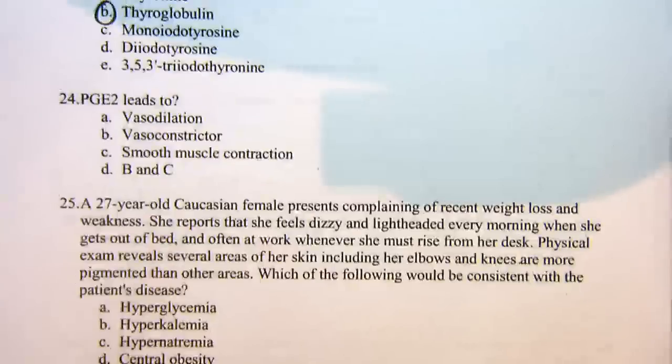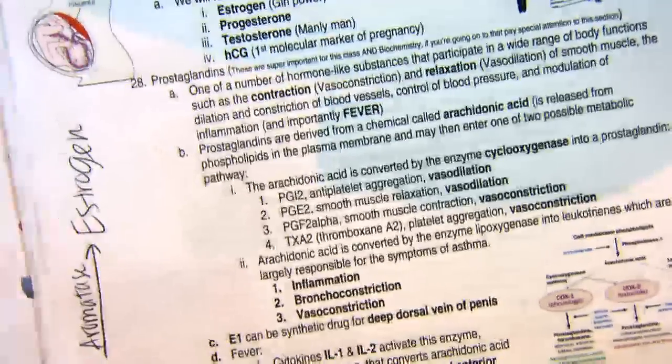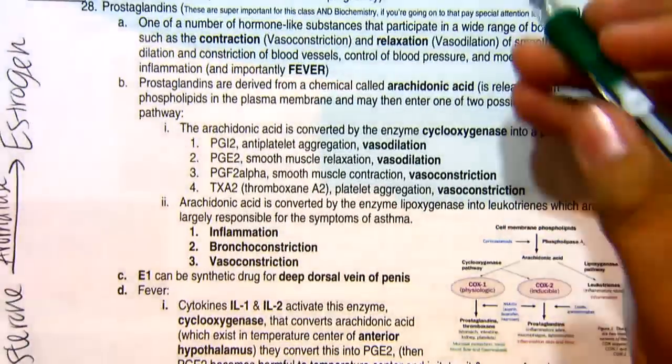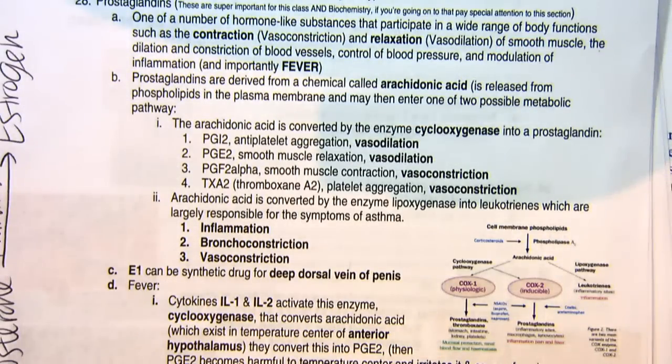So 24, PGE2 leads to vasodilation. Remember with prostaglandins, we have different types that we can convert to.